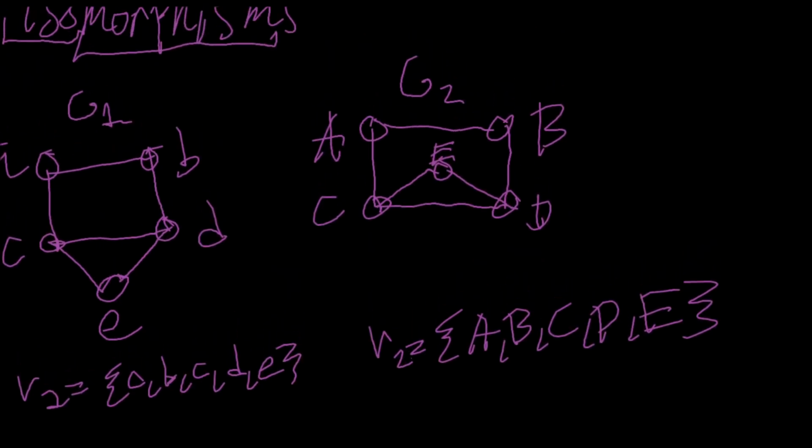And they essentially have the same structure despite looking different, because you could view this edge AC analogously to this edge AC, this edge AB analogously to this edge AB, this edge BD analogously to this edge BD, this edge CD analogously to this edge CD, CE analogously to this edge CE, and this edge DE analogously to this edge DE.